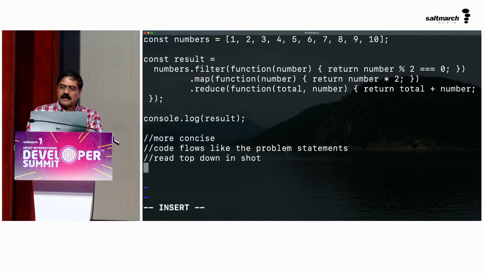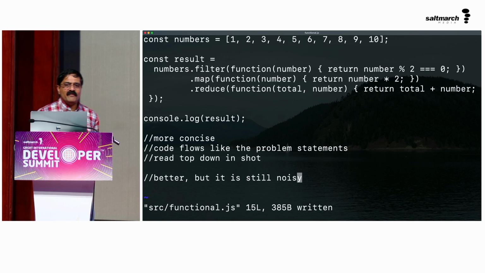That's basically the benefit of this as well. So the code is a lot better, isn't it? Better, but it is still, I would say, noisy. This is nice, but I'm not going to tell you I'm very happy with it. I'm not very pleased. Well, it is better, but not the best.